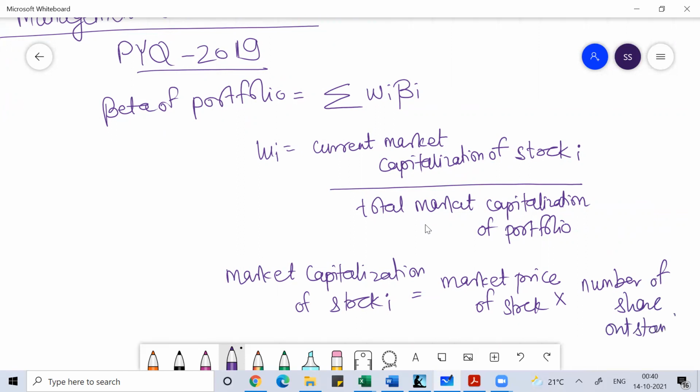By multiplying the market price of the stock with the number of shares outstanding, I can find the market capitalization of the stock. Once I find the market capitalization of each stock, I can find the total market capitalization, and by dividing the current market capitalization of the stock with the total, I can find the weight of each stock. Once I find the weight of each stock, then I can find the beta of the portfolio.